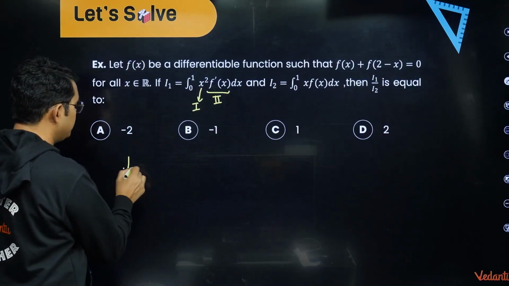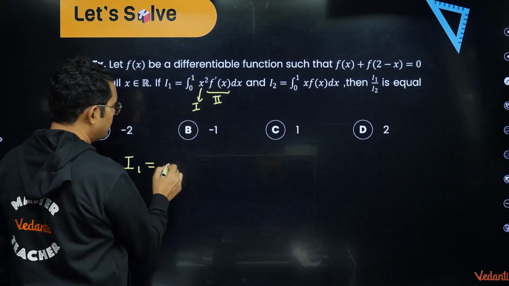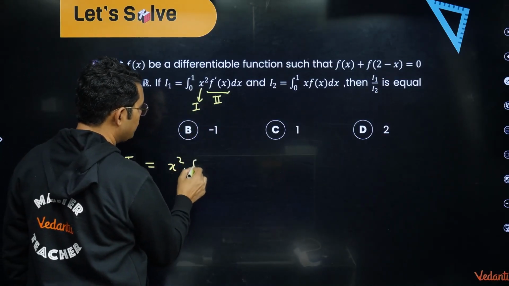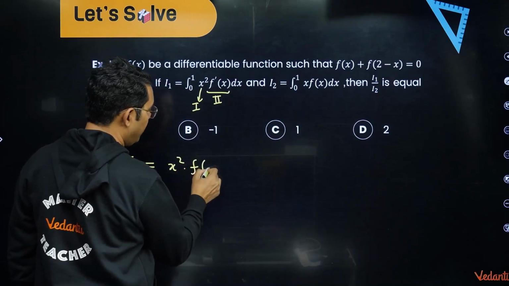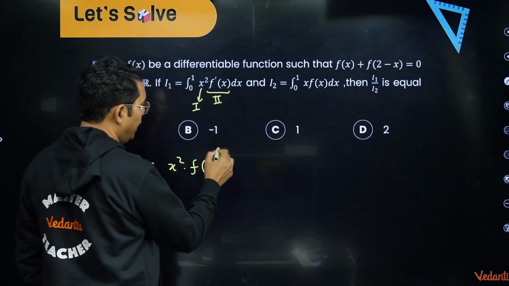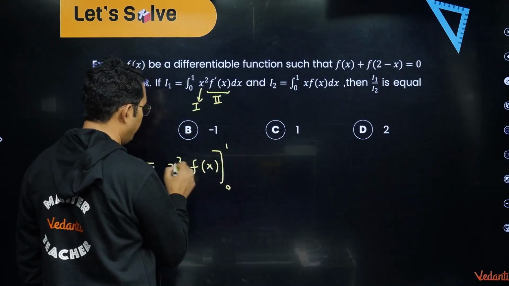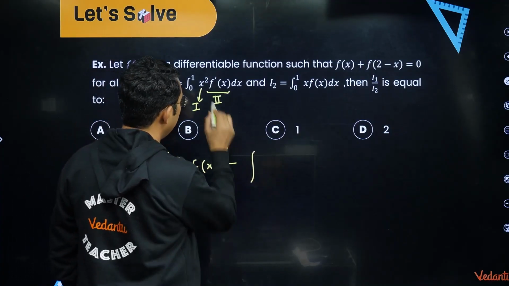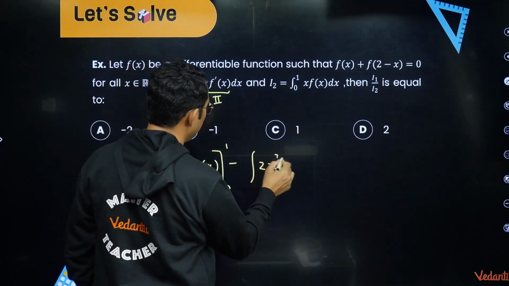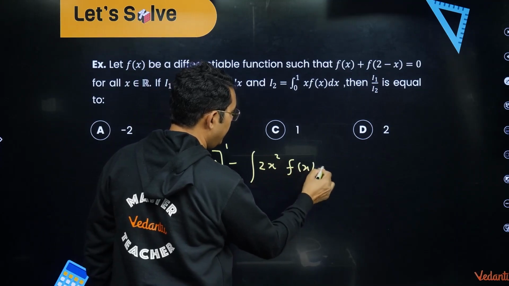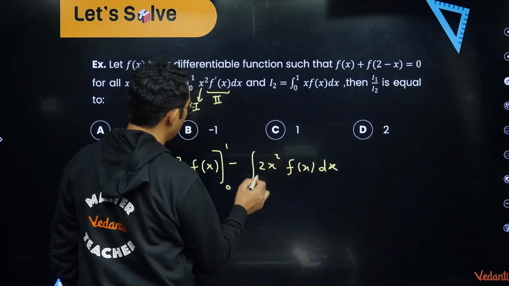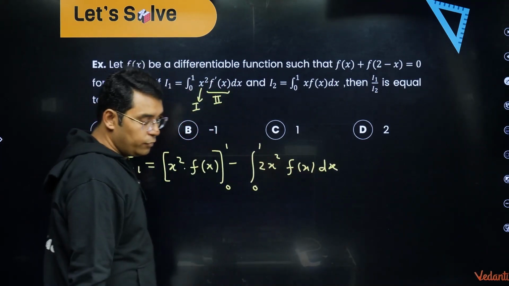If you do this integration by parts, the first function as it is, and the integration of the second function will be f(x), because it was f dash, from 0 to 1, minus the differentiation of the first function times the integration of the second function, dx, from 0 to 1. Now please listen carefully.